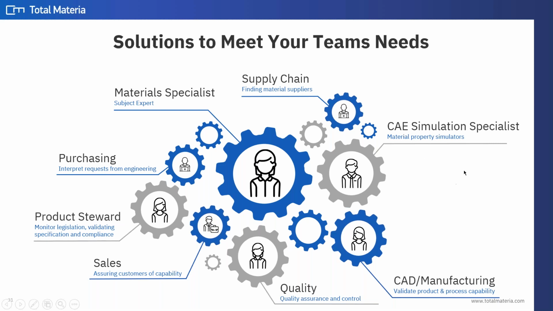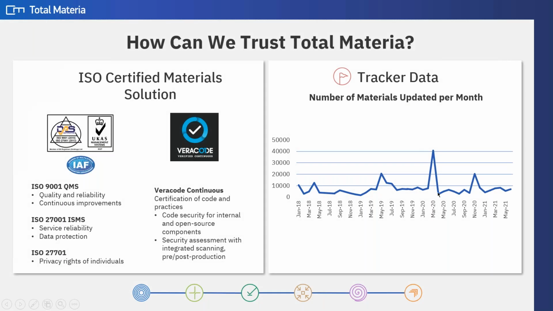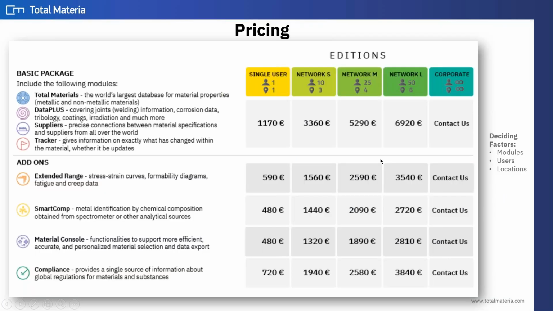And the simulation specialist wants more accurate results. Of course, they need more accurate material information. We are the only ISO certified material solution in the world, with a tracker that lets you see which material receives an update, and every month what we add into Total Materia. New materials, new material information, and simple it is.